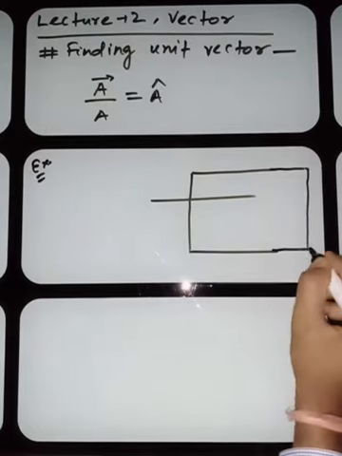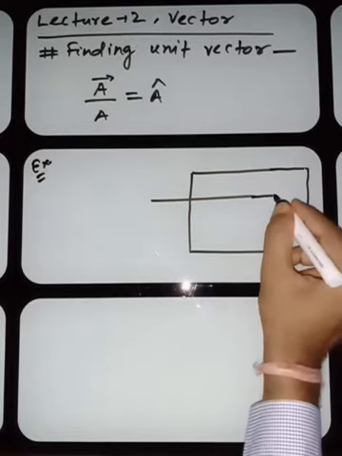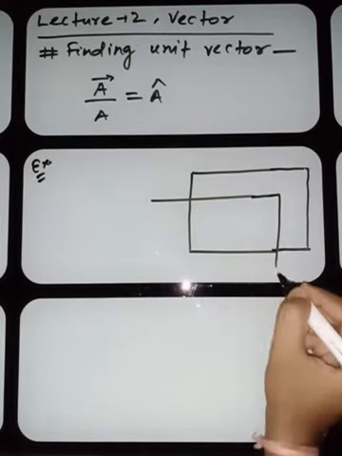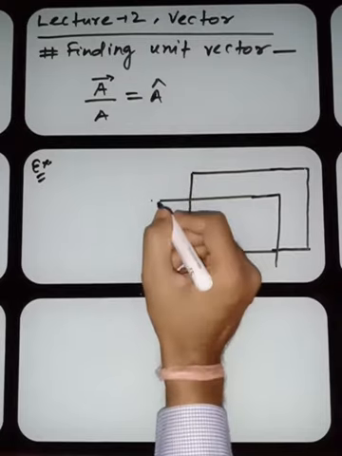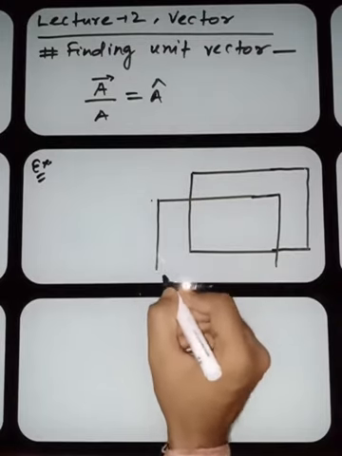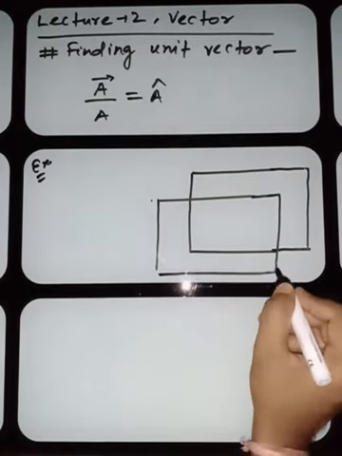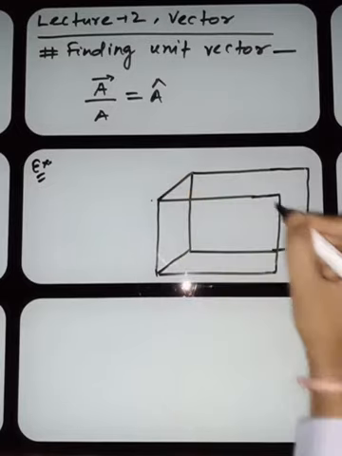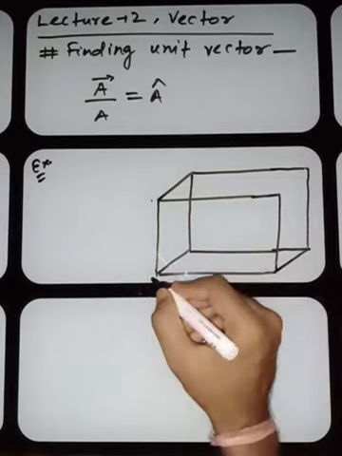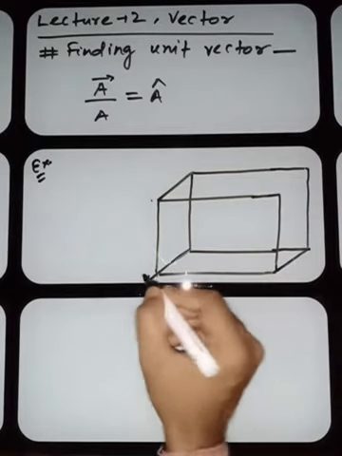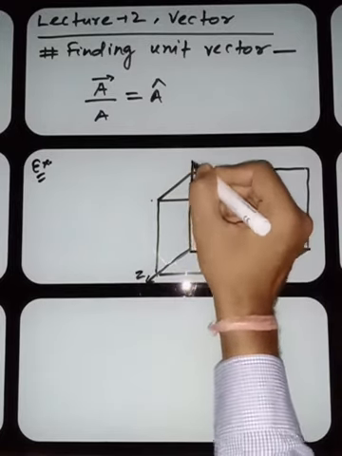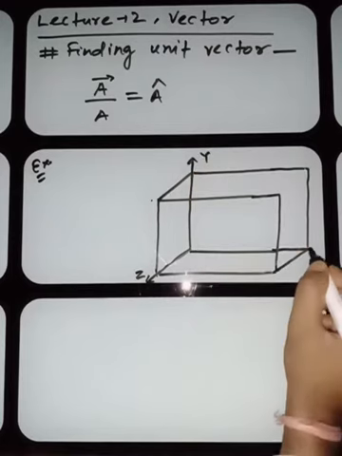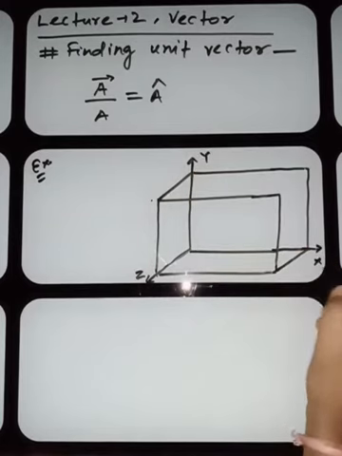This is not the cube I'm making here. This may look like a cuboid. Draw the axes here, the z, y axis, and x axis.